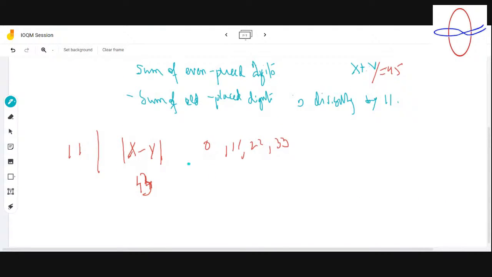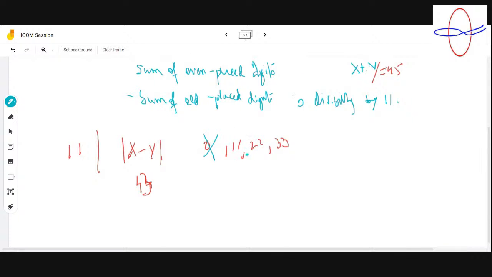Okay, yeah, you're totally right. x cannot be equal to y. Very good, Anand. If x is equal to y, then 2x is going to be 45. Therefore, x cannot be equal to y.